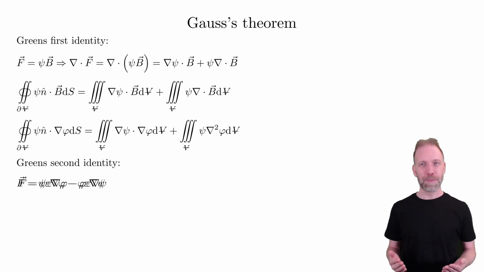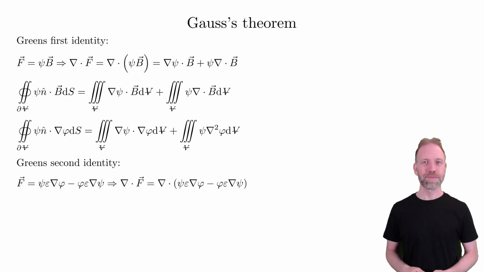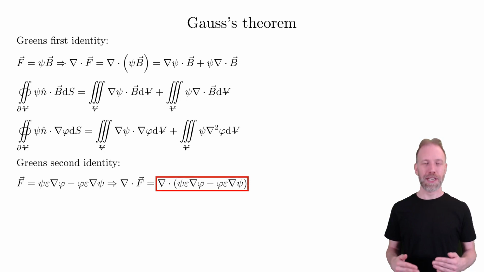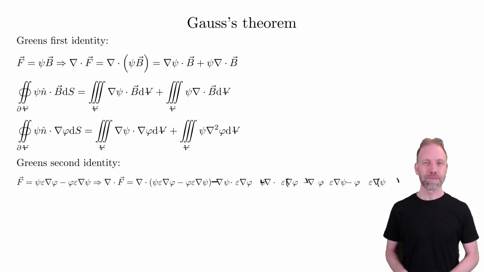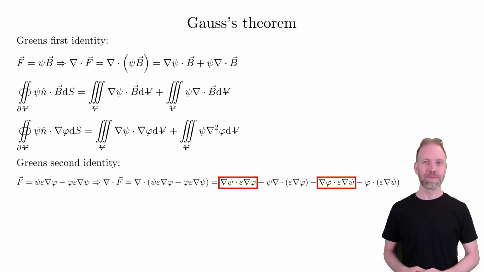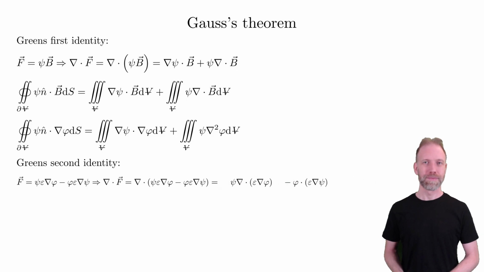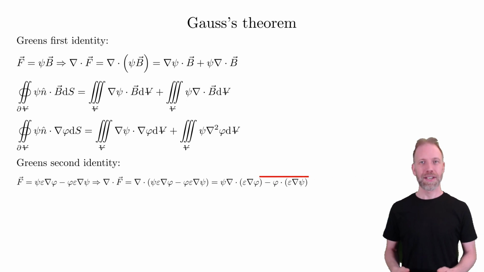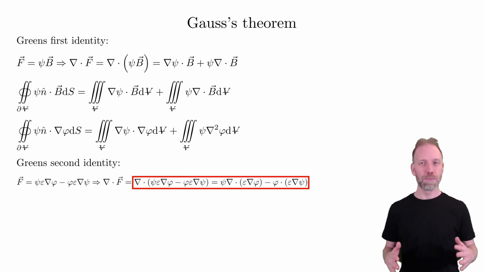We do the same step and take the divergence of f. Expand using the product rule. These terms will cancel. Now we can take the volume integral of both sides.